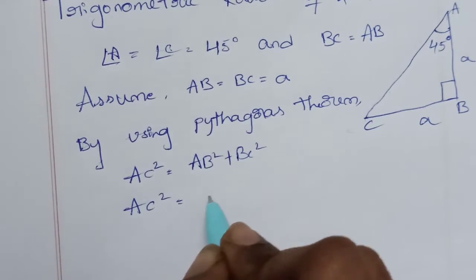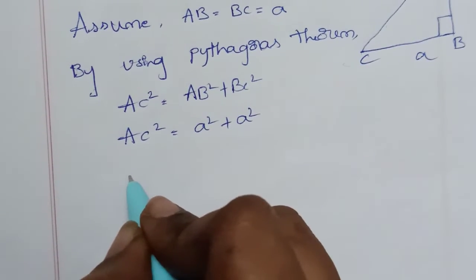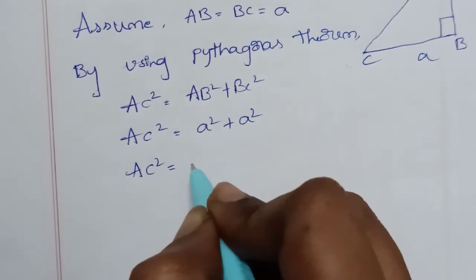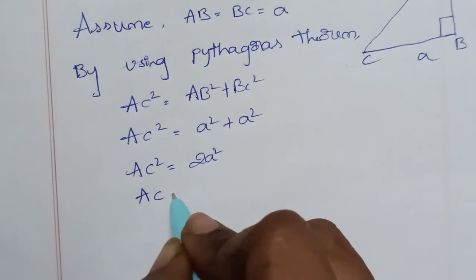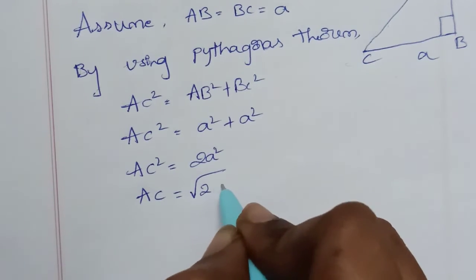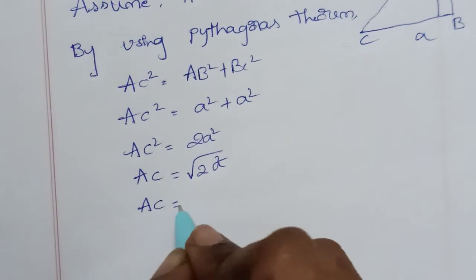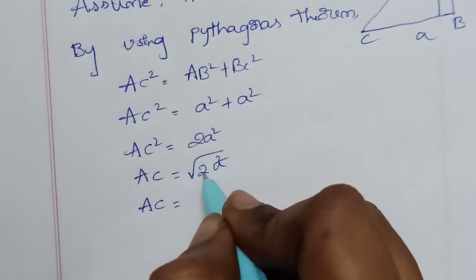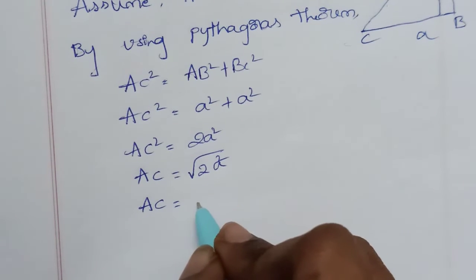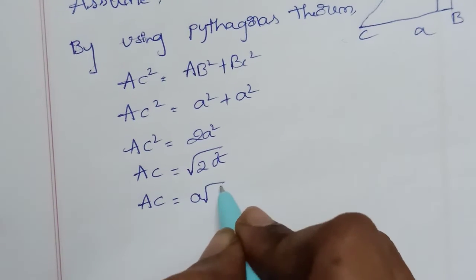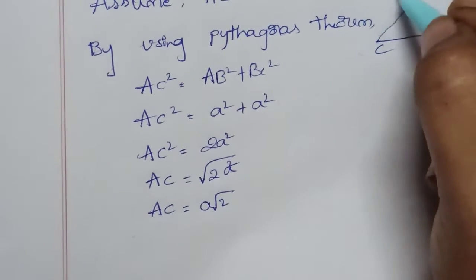AC square is equal to A square plus A square. AC square is equal to 2A square. AC is equal to square root of 2A square. AC is equal to square root of 2 into square root of A square, which is A, into root 2. Therefore, length of the AC is A root 2.